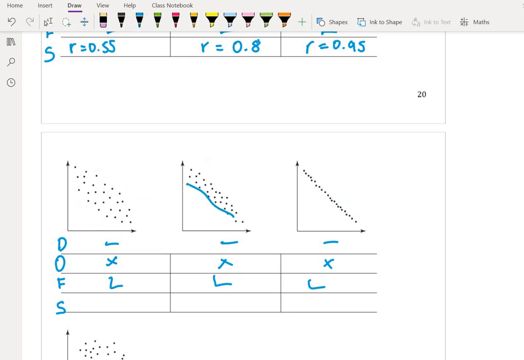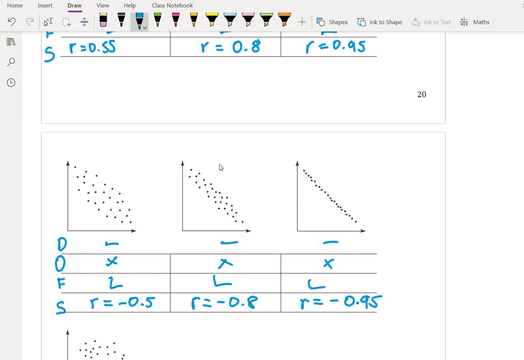Strength wise, they're all negative. As you can see, going left to right, they are going down. So this will be roughly negative 0.5-ish. This will be roughly negative 0.8-ish. This will be roughly negative 0.95-ish.